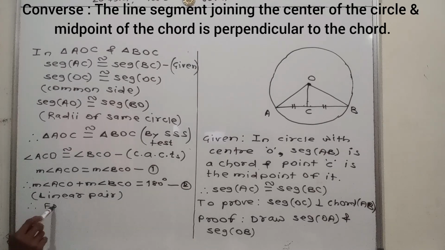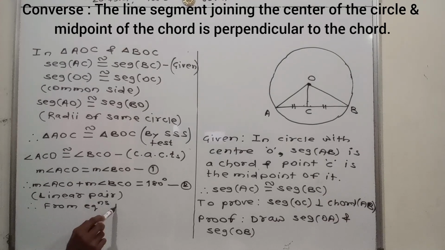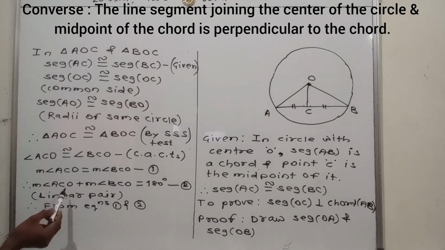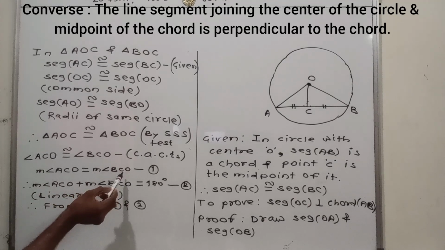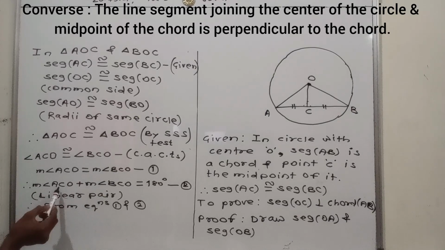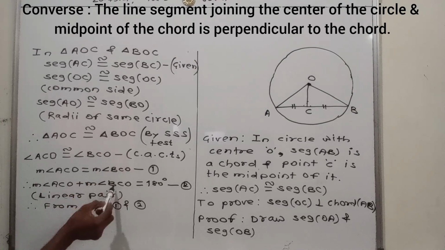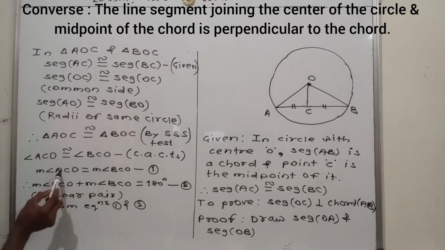Therefore, from equations 1 and 2, we put the value of BCO in terms of ACO. Did you get it?